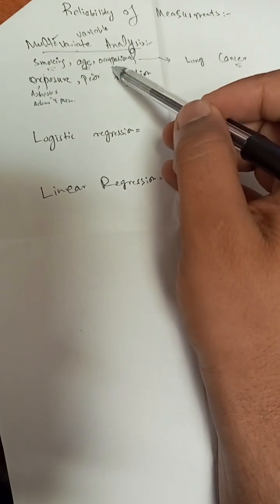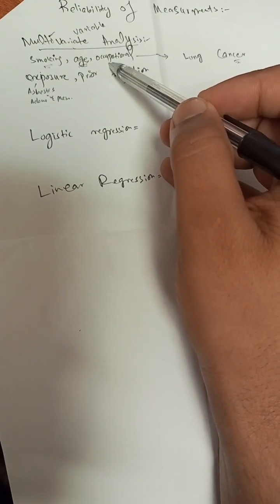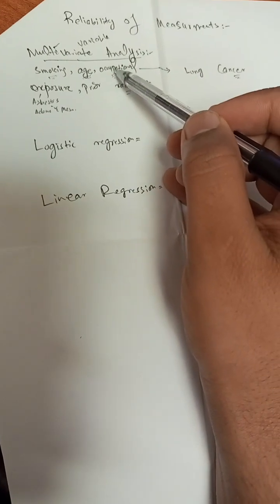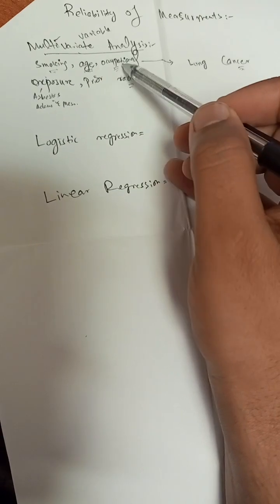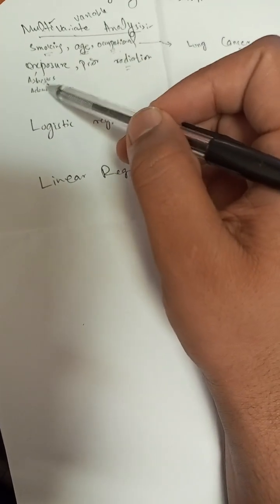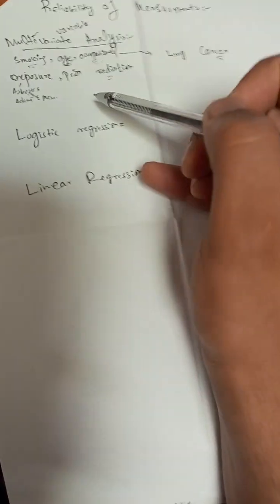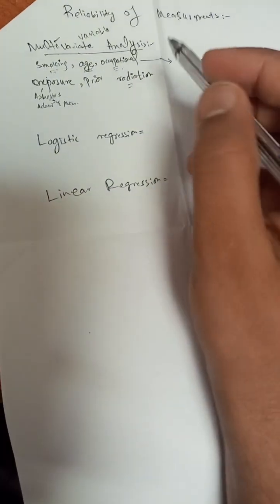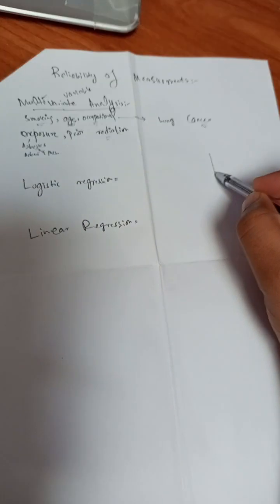Is the patient aged above 50, 60, or 70? Is the patient also working in some asbestos or pipe industry, and does the patient have any prior history of radiation? So if we want to find out the relationship between smoking and lung cancer, then we know that there is a direct association of smoking and lung cancer.